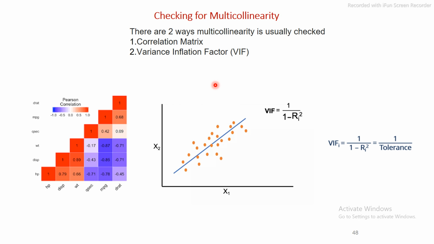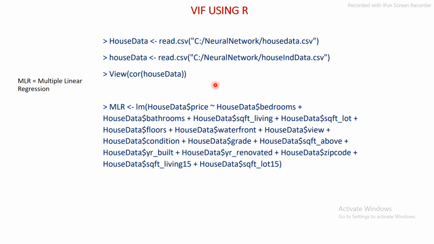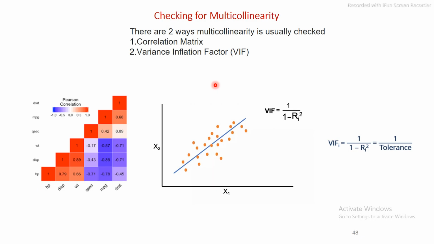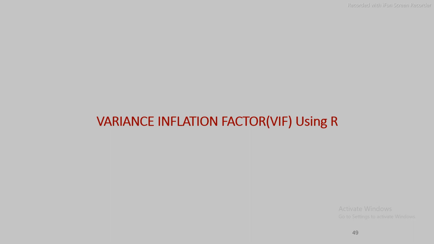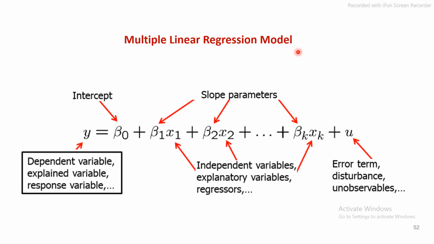But we typically go with correlation, because correlation tells you a lot about the variables: how two variables are correlated, and whether they are highly correlated or not. You can calculate the variance inflation factor, but it's not required here. I'm just telling you why it is necessary to check multicollinearity, but you can do it using only correlation.